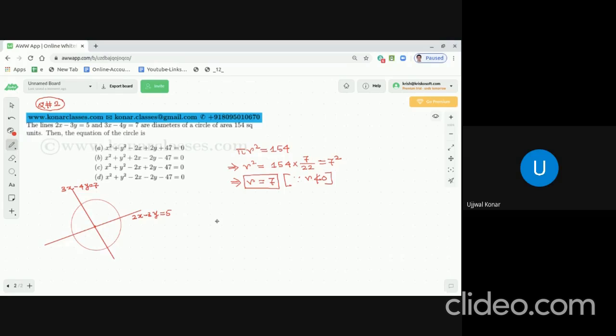Let's solve these two. If you solve these two linear equations in two variables, the values of x and y you are going to get are plus 1 and minus 1 respectively. So x is equal to 1 and y is equal to minus 1. Okay, dear students.